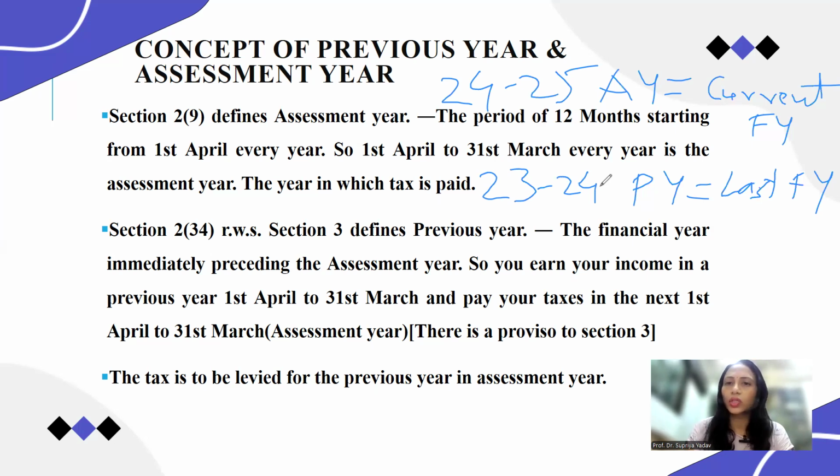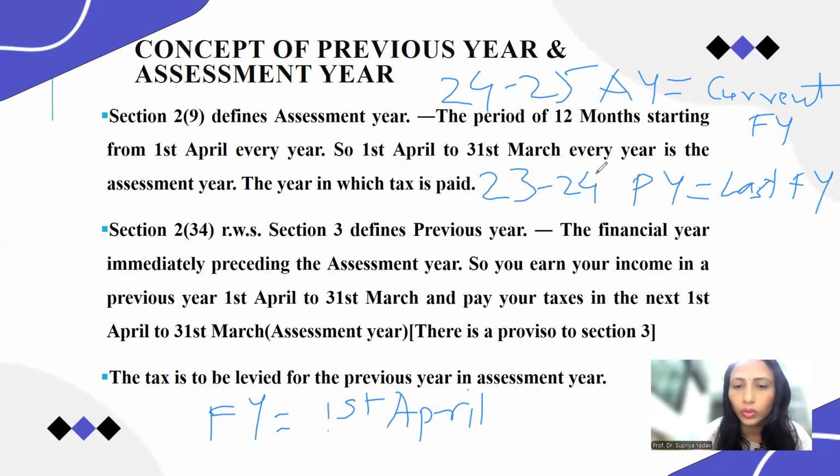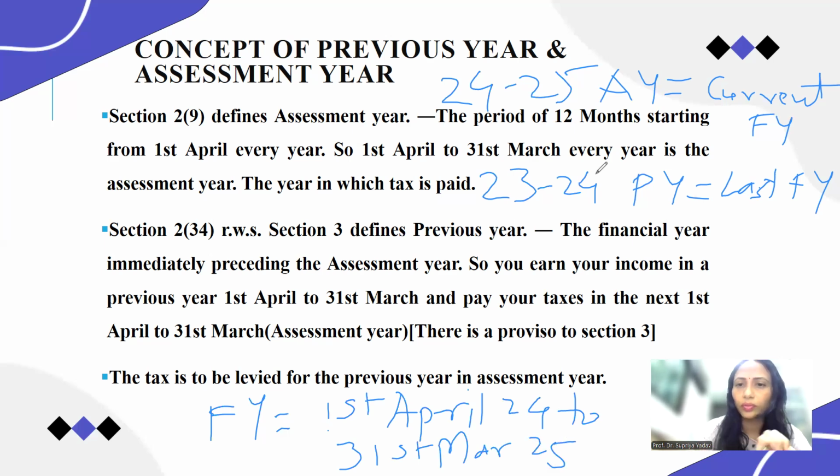Okay, what is the financial year? The financial year starts on 1st April. Suppose I am talking about the current financial year, then it starts on 1st April 2024 and is going to end on 31st March 2025.